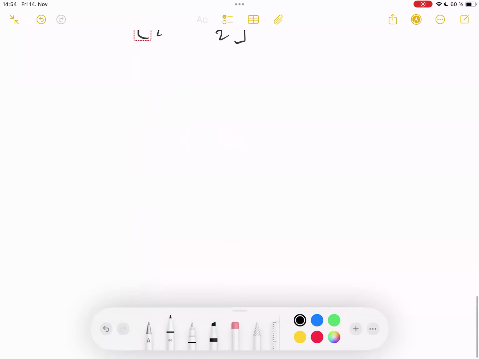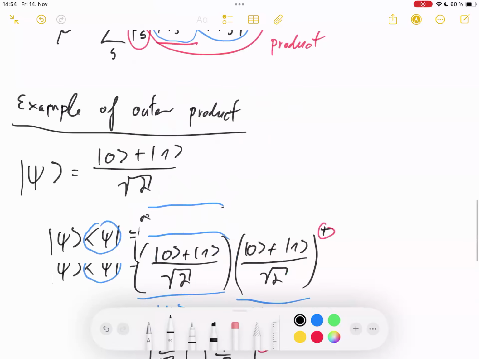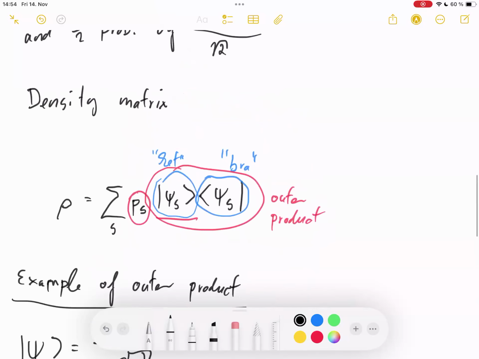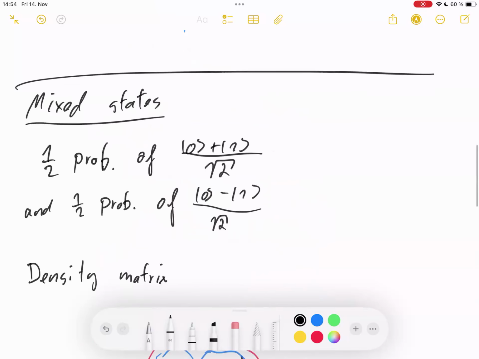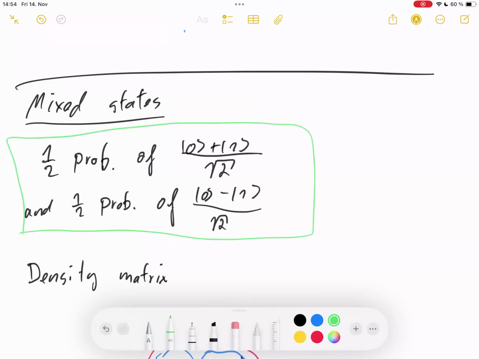So we could say, as from before, because my example from before was that we go back to this one here, that we have a half probability of 0 cat plus 1 cat divided by the square root of 2, and a half probability of 0 cat minus 1 cat divided by the square root of 2.